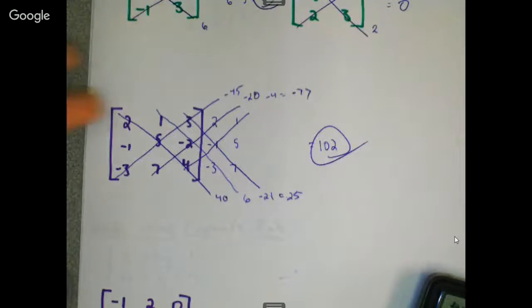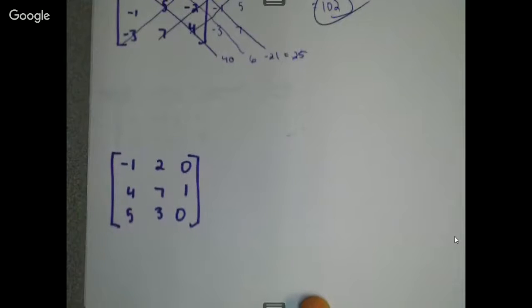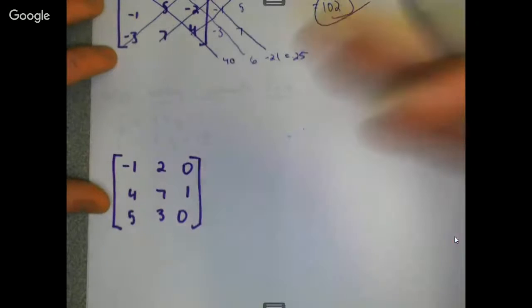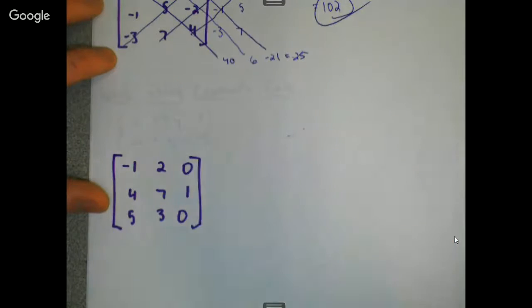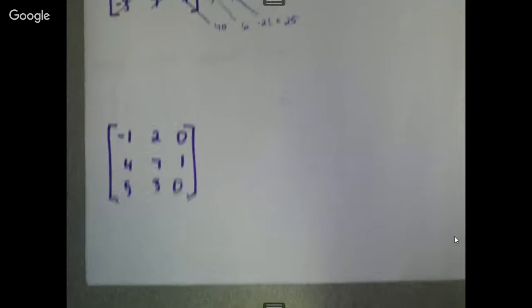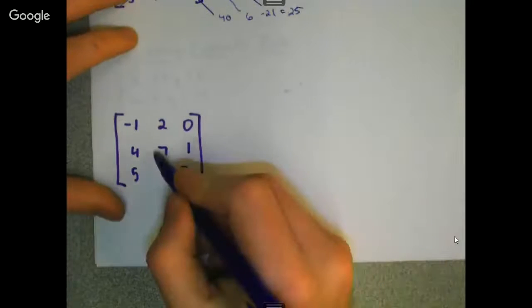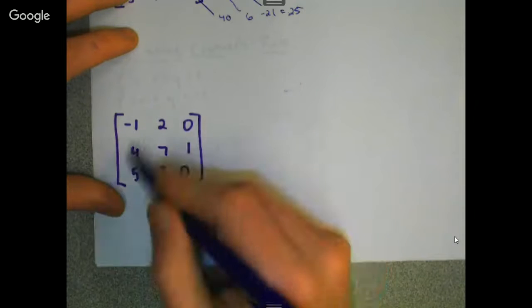Okay. Now, again, this method works on all matrices, 2 by 2 and 3 by 3. When you get to larger, like a 4 by 4, I recommend using this next method, as it usually works out much better. So we're going to expand this on any row or column.